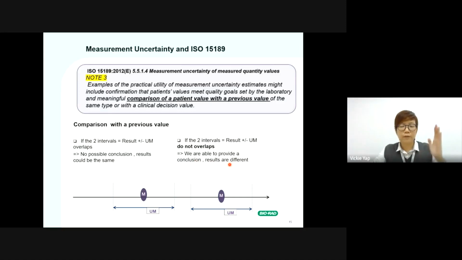If I get a reading A over here, and my MU is just this range, and my second reading is over here with its MU range, and there is no overlap between the two results, then we can firmly say these two readings are different.